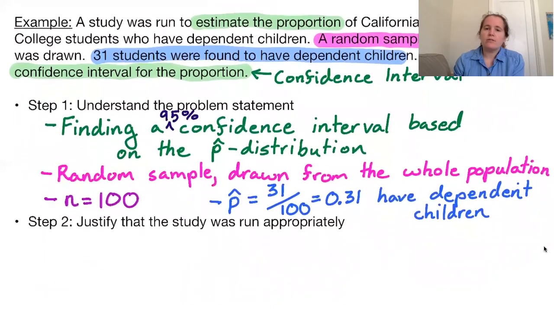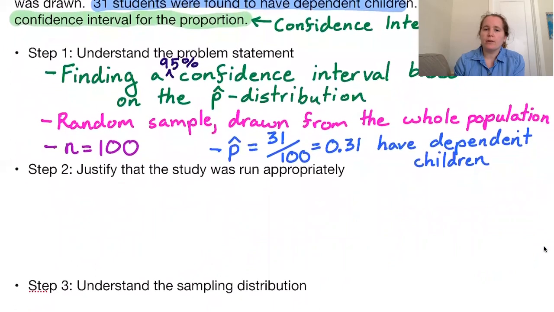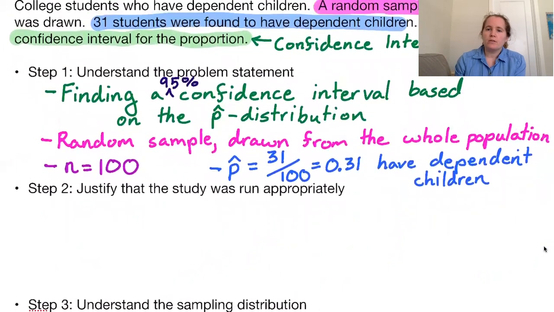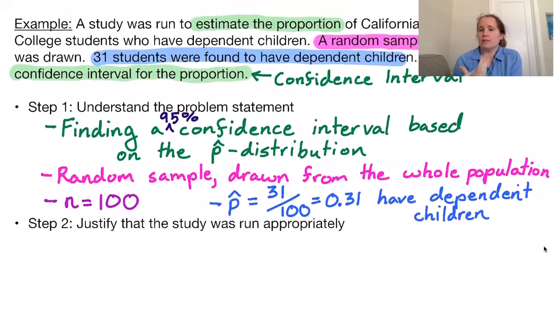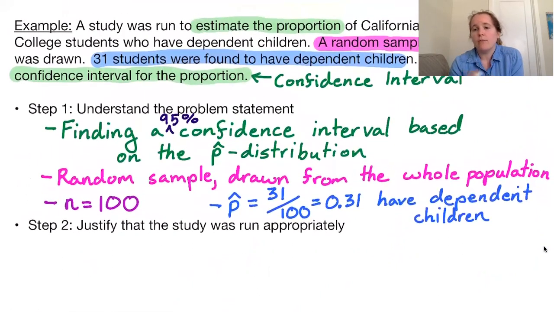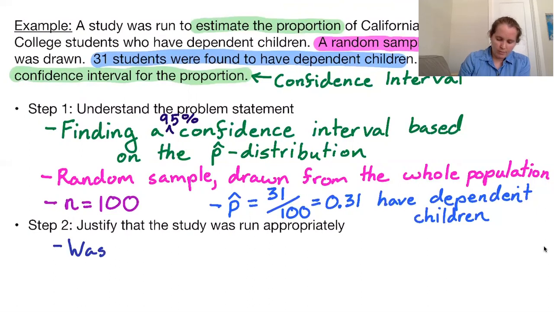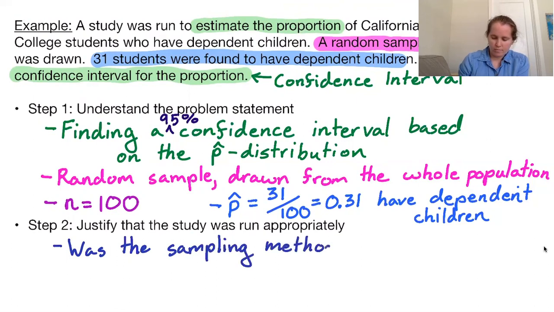Next, we have to justify that the study was run appropriately. Basically, we need to know that our sample was drawn appropriately and we meet the conditions to have a normal distribution. So first up was the sampling method being good.